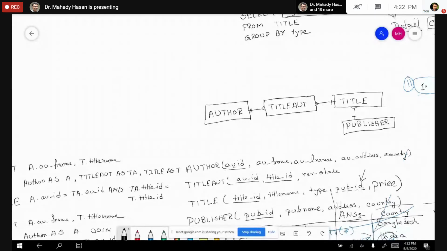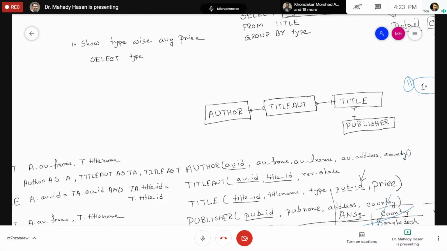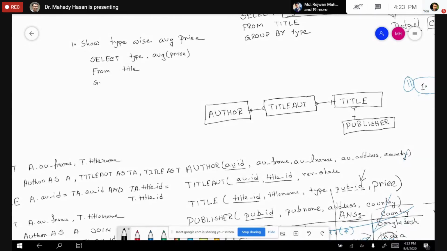Okay, so if we want to show type wise average price, what you will do, you will simply say select type, right, comma avg price, right, from title group by type.